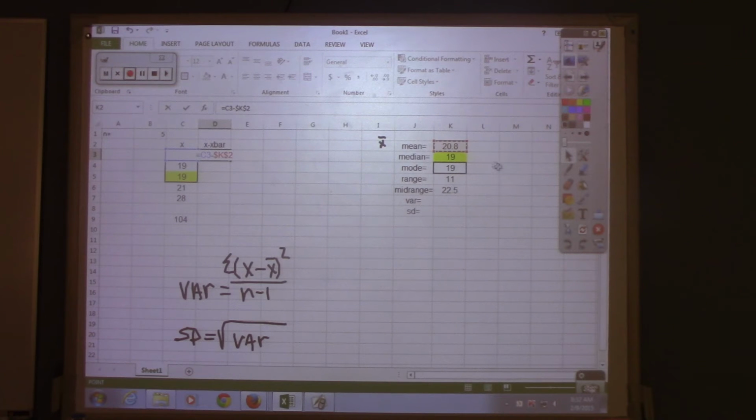If you don't lock it, it's going to subtract 20.8 on the first one, 19 on this one, 19 on this one, 11 from this one and 22.5 from this one, and so on. So you have to lock it, and that's what I did. I hit F4 on the cell, F4, and hit enter.